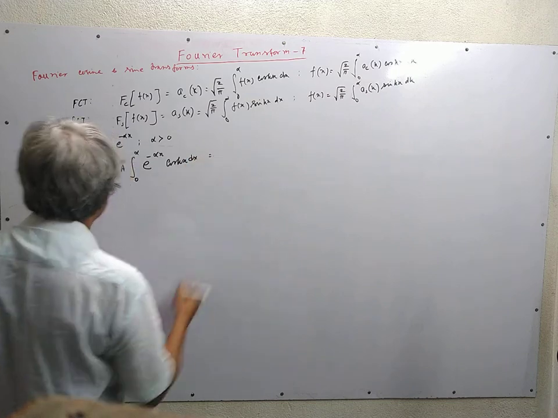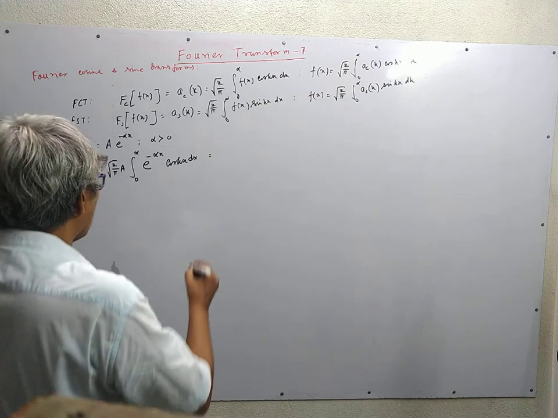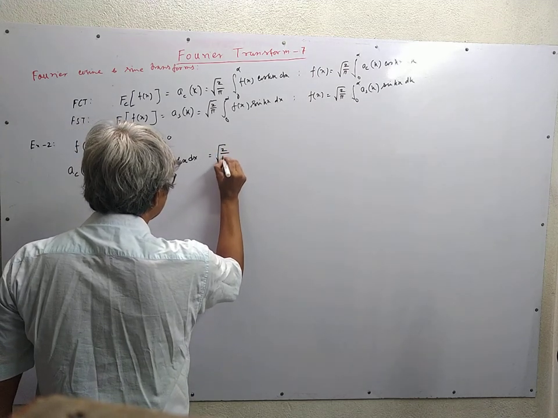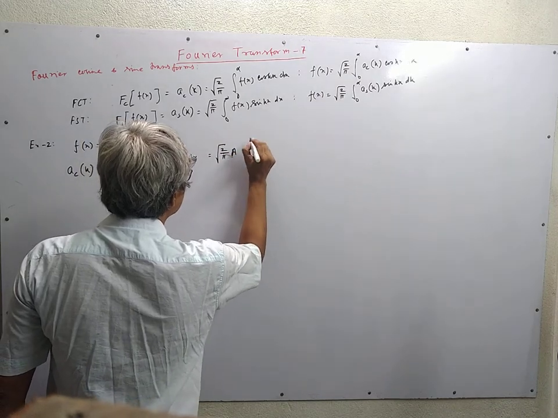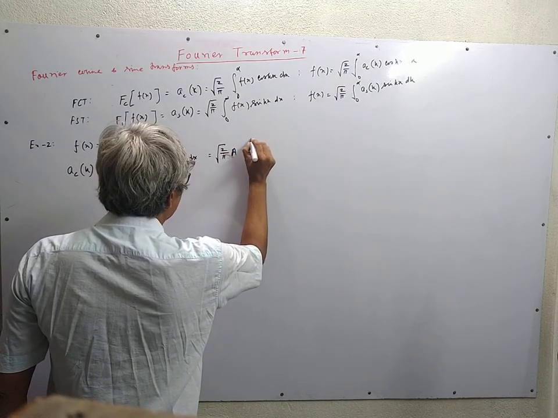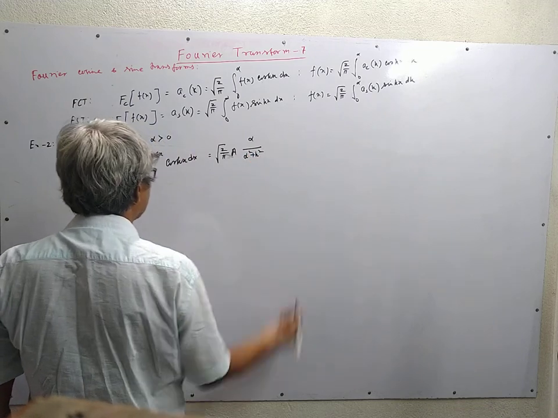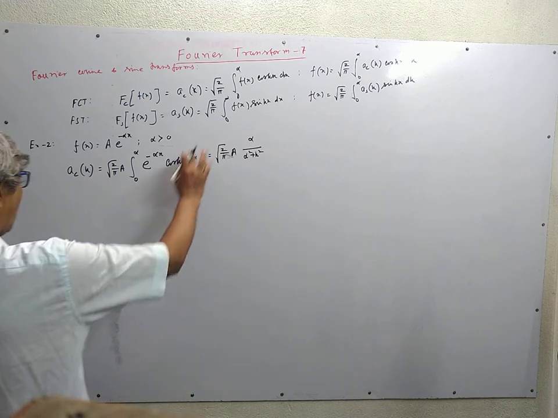In the earlier class, we have also evaluated this function, and on simplification, it becomes root 2 by pi a times alpha by alpha square plus k square. This is the form of A_C of k.